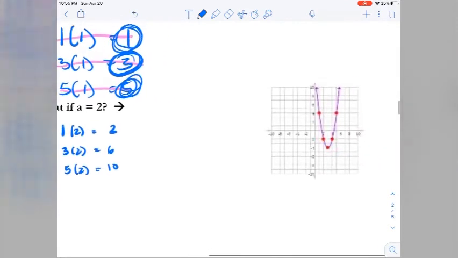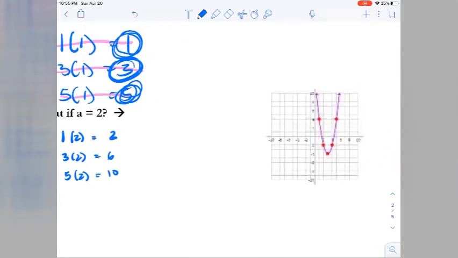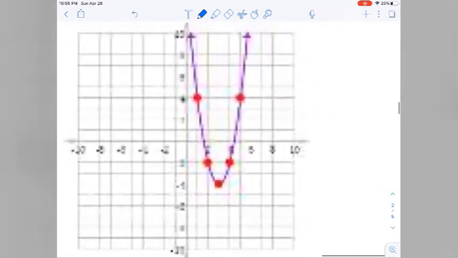So now, let's take a look at our graphs, and we're going to go up 2, then 6, then 10. So here we go out 1, up 2, out another one, up 6, and then out one more, and then we'd go up 10. But in this case, up 10 gets us out past the graph, and so we didn't use it.